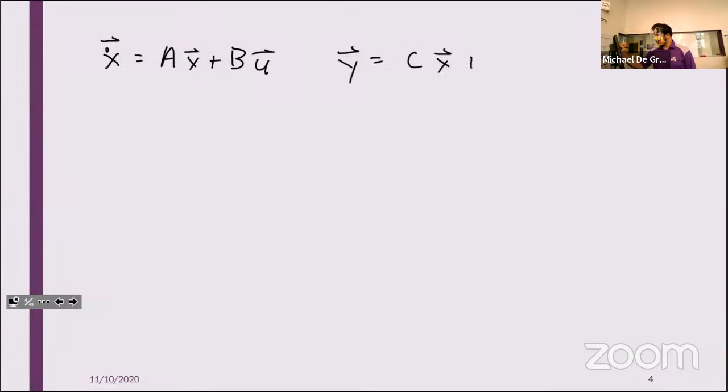So, when we're talking about state space matrices, we are trying to fulfill the state equation, which tells us that x dot is equal to Ax plus Bu, and y is equal to Cx plus Du. x and u are the same across these equations.